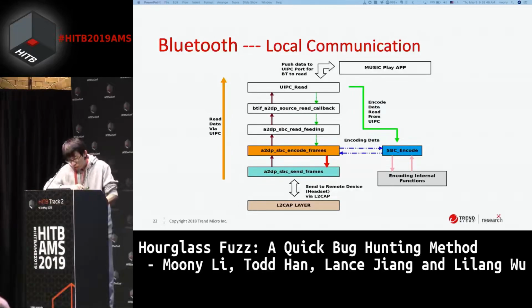Then the data will be read from the UIPC and delivered to the SBC encoder. Finally, what is sent is the encoded data. What surprises us is that there is an embedded encoder and decoder in the Bluetooth, the SBC and AAC encoder. And in fact, the SBC and AAC encoder will finally use the UIPC to read data from the local music player.